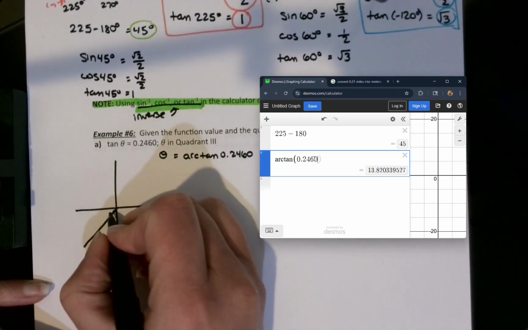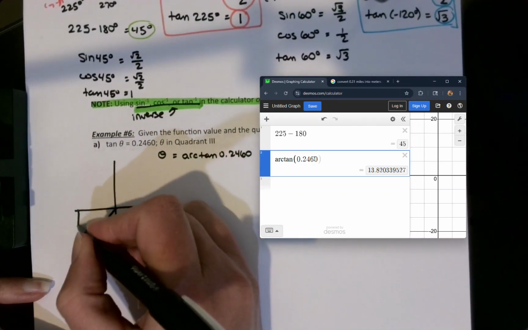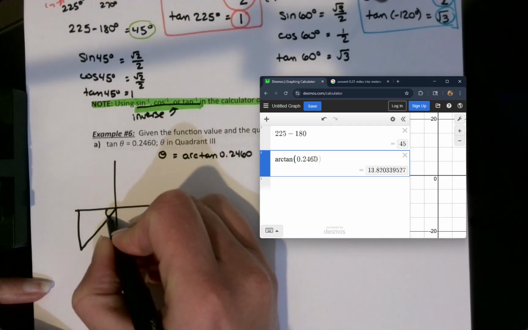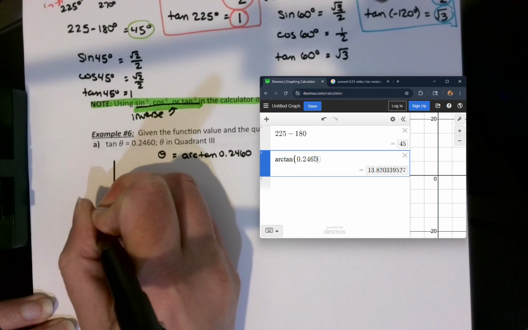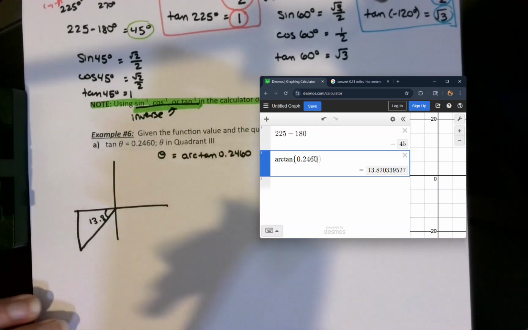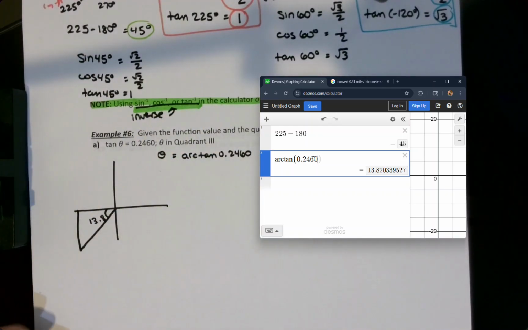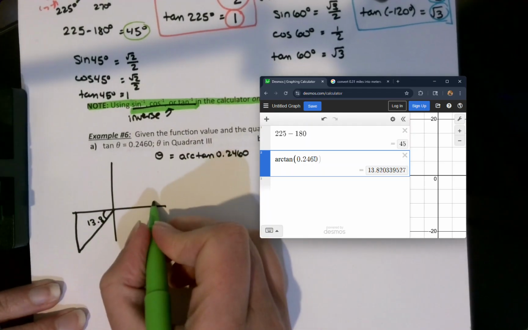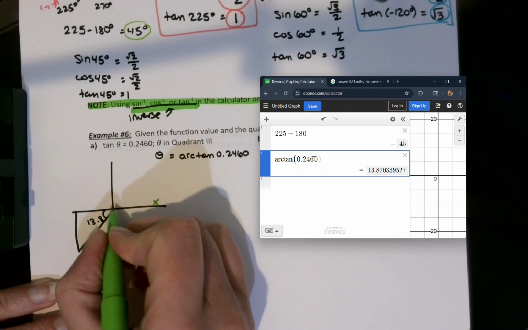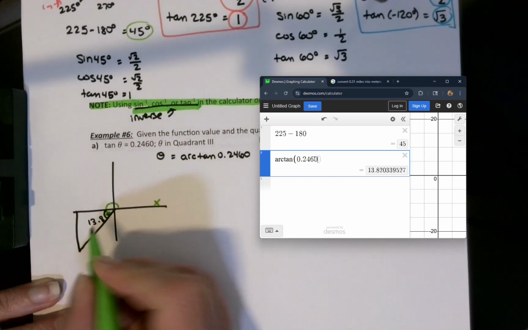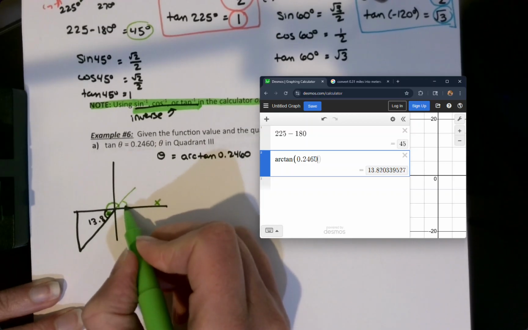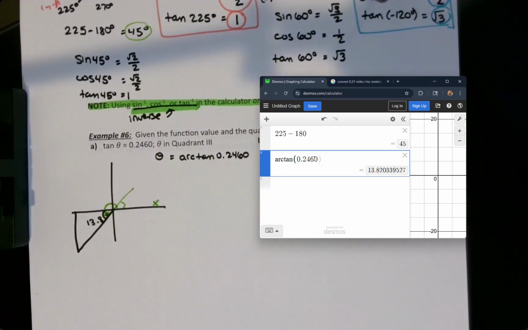So this angle is in quadrant 3. The angle that I got from doing arctangent is the reference angle. So this is 13.8. Now that's not the actual answer that I need here, because the actual answer needs to be measured from the positive x-axis over to this terminal edge. So 13.8 degrees is actually here, and it's not the correct answer because that angle is in quadrant 1, not quadrant 3.